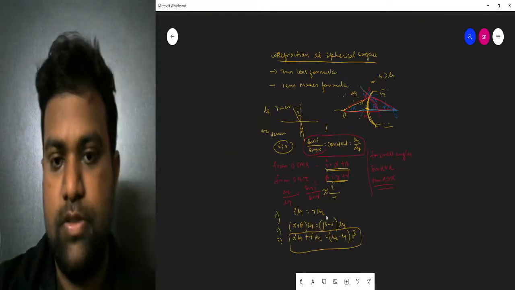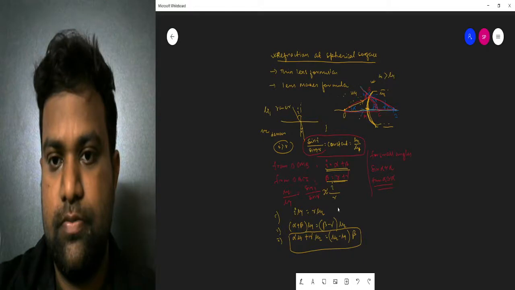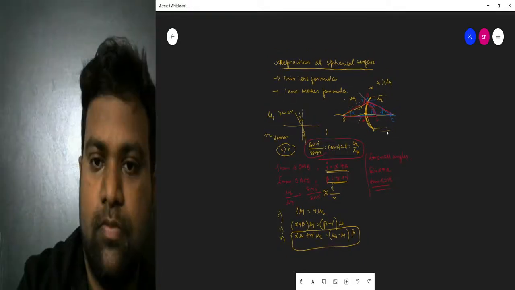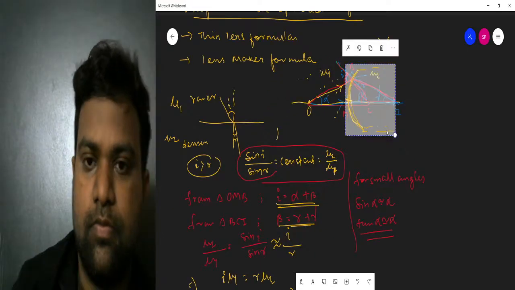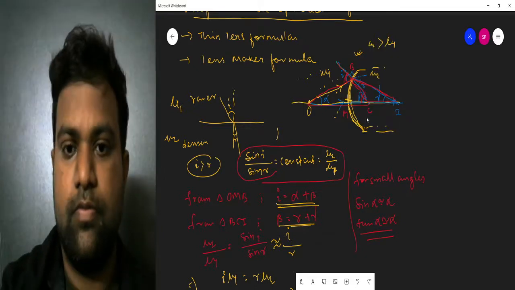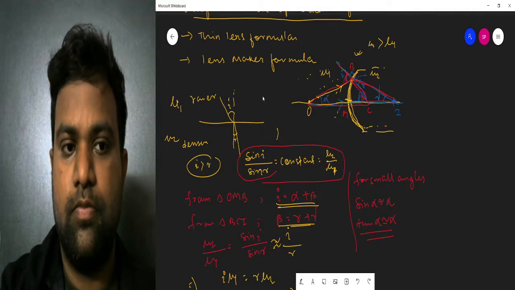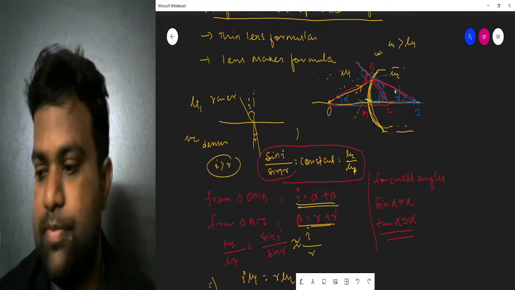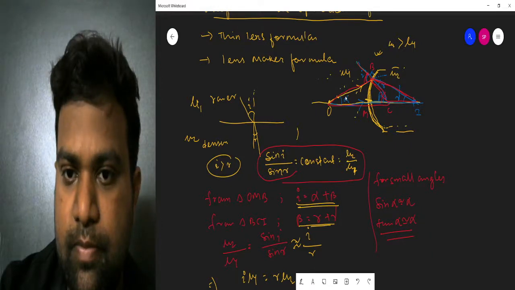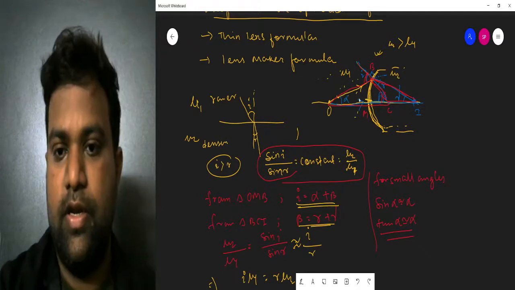You can see alpha, beta and gamma. You can look at the diagram, or I can draw it again.